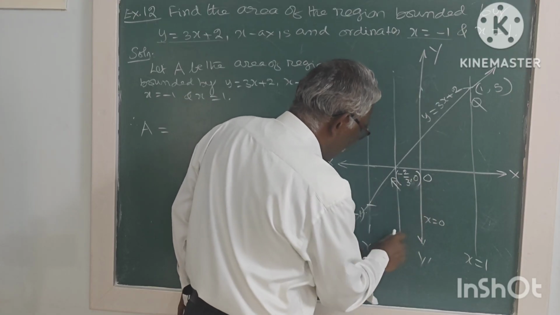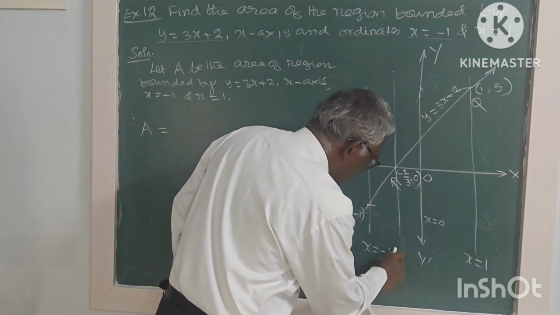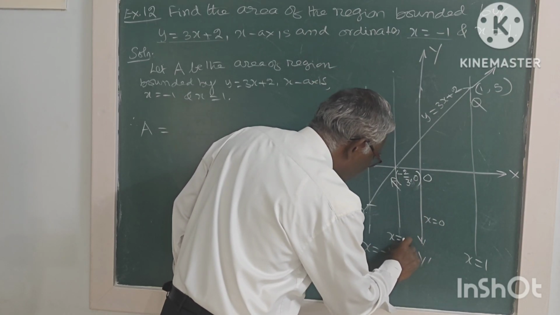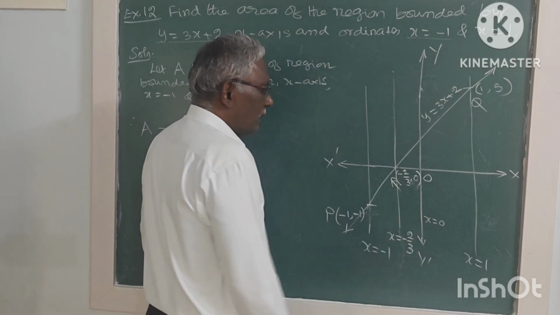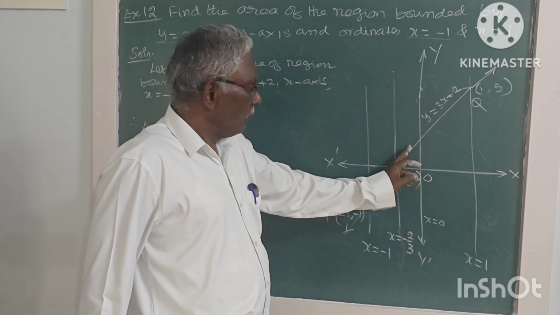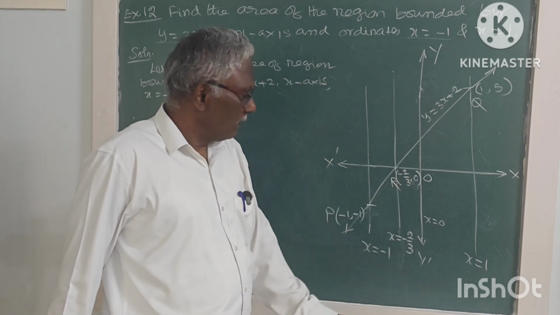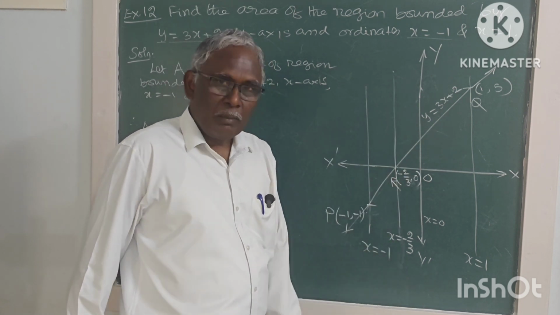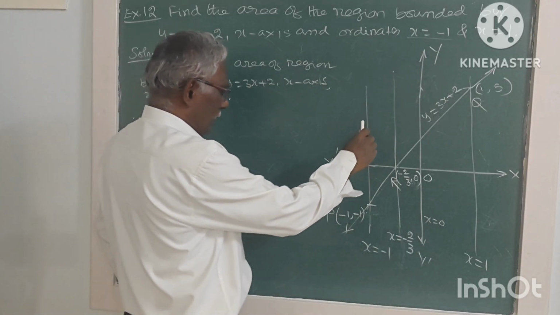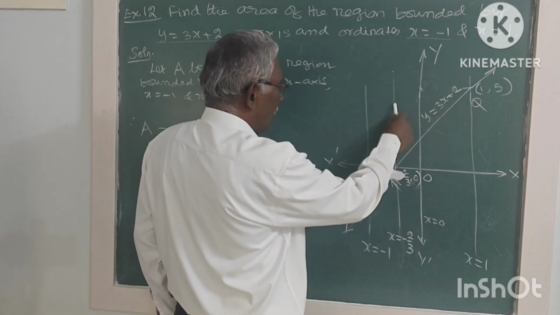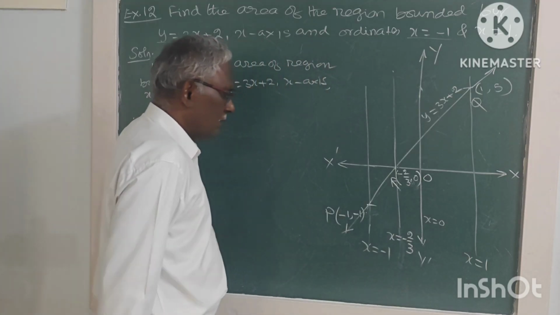X is minus 2 by 3. The x coordinate of the intersection of the line with the x-axis is minus 2 by 3. So the equation of this line is x equals minus 2 by 3. Therefore, x is minus 1 to x is minus 2 by 3.